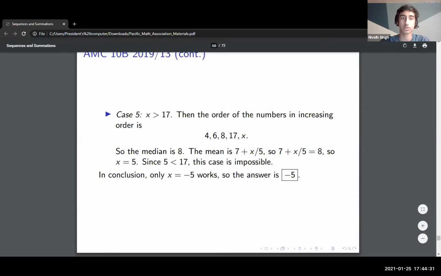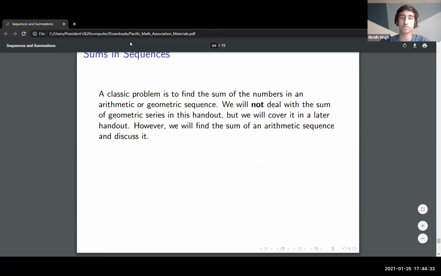All right. So the next thing we have is sums and sequences. A classic problem is to find the sum of the numbers in an arithmetic or geometric sequence. We will not deal with the sum of geometric sequences in this handout, but we will cover it in a later handout just because it's a little bit more tricky and complicated.